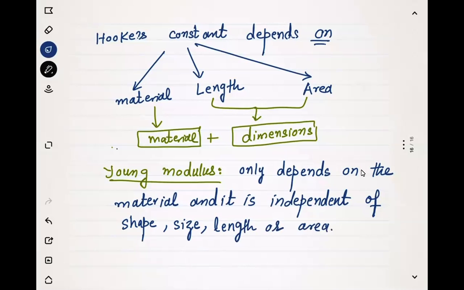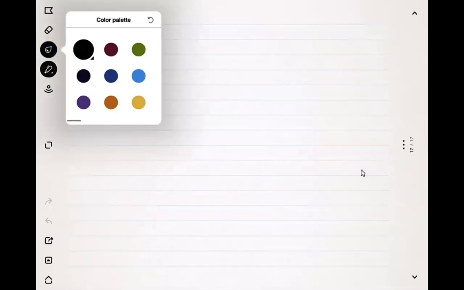So Young modulus is also a constant of stiffness that measures the stiffness, yet it is independent of length, area or other dimensions. Basically, the two quantities Hooke's constant and Young modulus serve different purposes.